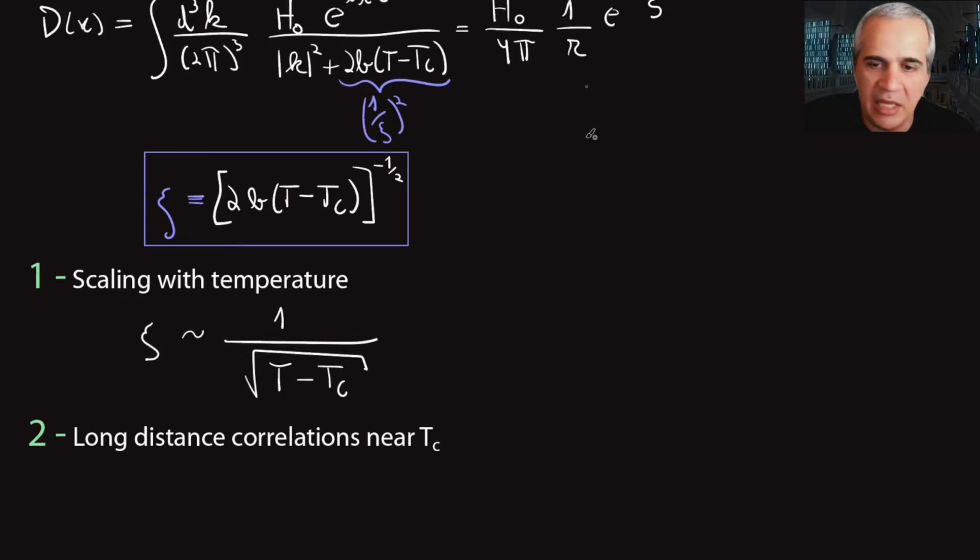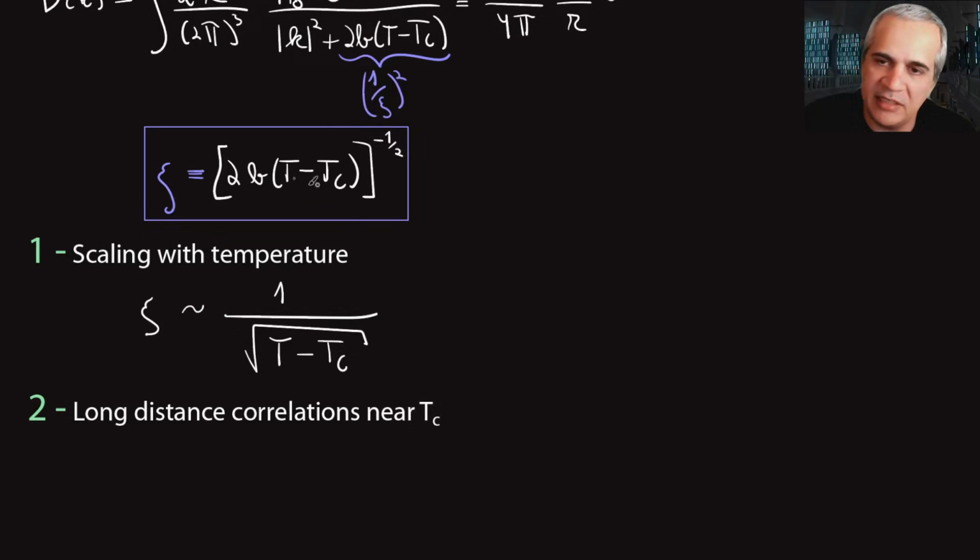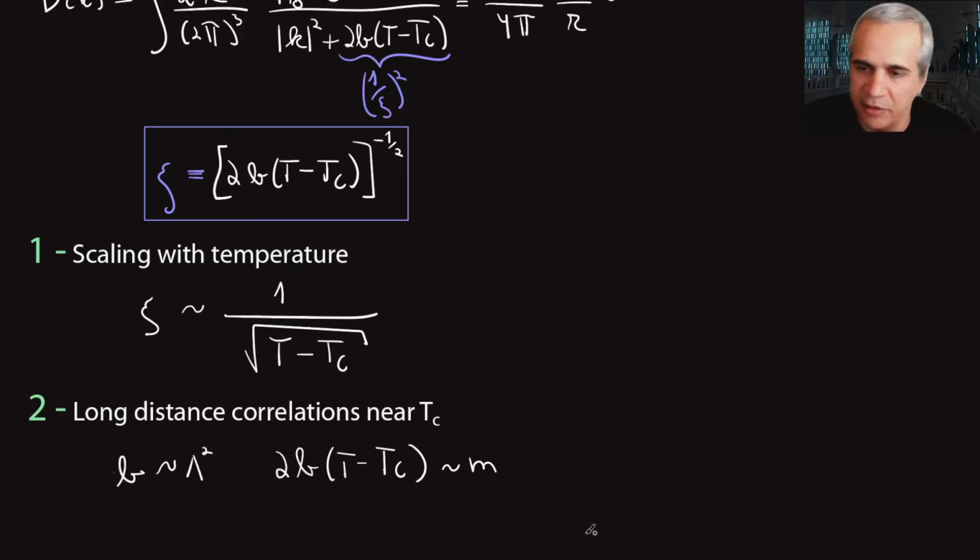On the flip side, what happens if I'm far away from the point where this is 0? Then the thing that will dominate here, the typical correlation distance, is B, right? And B is, again, dependent on the ultraviolet of the theory. And if you look here, it has dimensions of mass square, of momentum square in this case. Since this is set by the UV of the theory, if it is not specially small, B will be of order lambda square, which is equivalent, if I say this is some sort of mass for this theory, to saying that mass is of order lambda, where lambda is my cutoff for this theory.